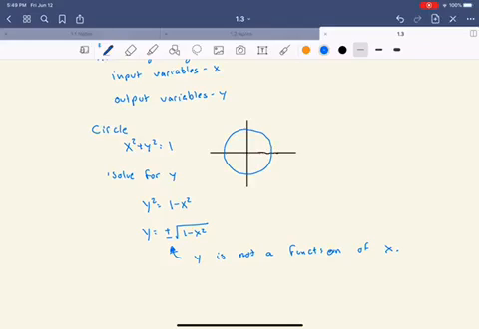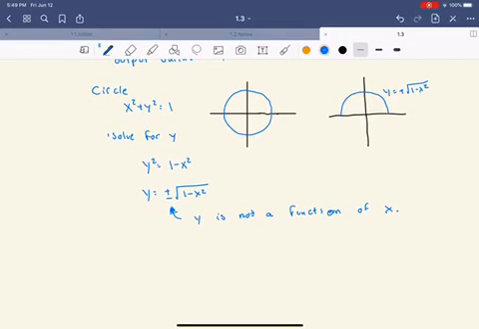Now we could do something like, if we had the top part, this is y equals positive square root of 1 minus x squared. And we could also have the bottom part, this is y equals minus square root of 1 minus x squared.